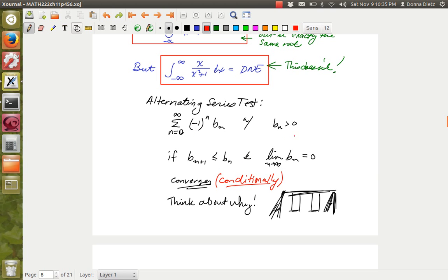So as long as the Bn's themselves are positive, and all the sign is determined over here, then if these Bn's are decreasing down to 0, we will have conditional convergence. And it's really easy to figure out why. It's like a kid on a swing. You push the kid and you walk away.